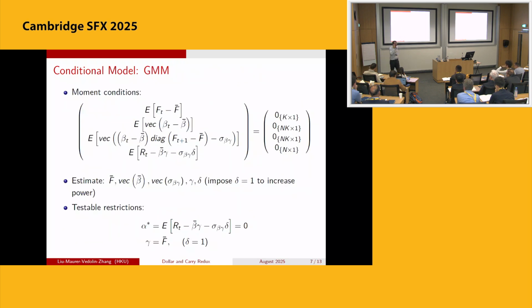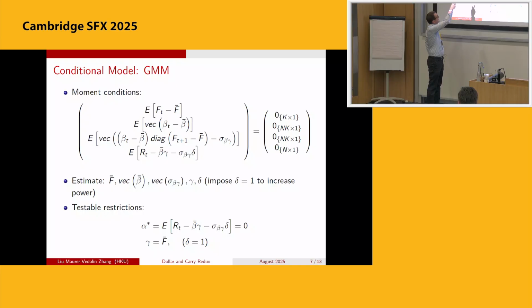Okay, now how do we do the GMM? So you estimate the average return of the factors, you estimate the average beta given the time series of beta which you have estimated, then you estimate this covariance, the sigma beta gamma, that's the covariance between beta and gamma in the entire sample. And then the key thing is this cross-sectional regression, right?